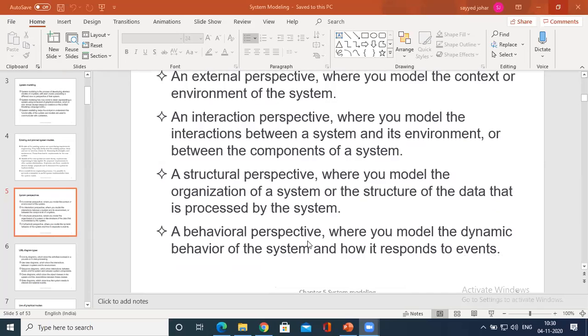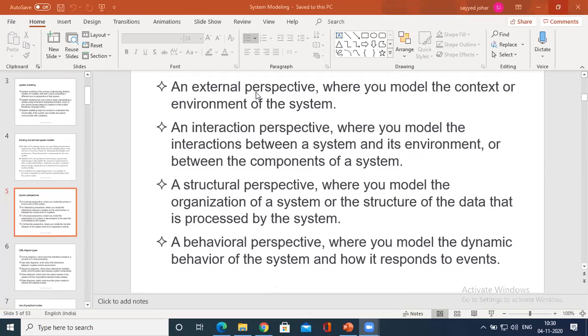In the case of behavior perspective, it is all about the dynamic behavior of the system. When you go with an example, maybe a few people feel it is totally theoretical: what is external perspective, interaction, structural, behavior. Behavior means, if I say the word behavior, the question arises, what is the sort of behavior of a system?